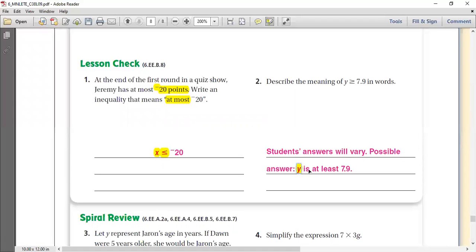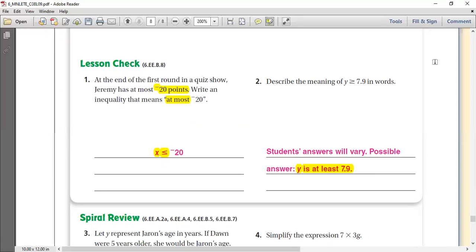It's up to you because you girls can explain everything well. You can say y is at least 7.9, or you can say y can be 7.9 or more, or you can say y is 7.9 or greater. Whichever words you use, it should give the same idea.